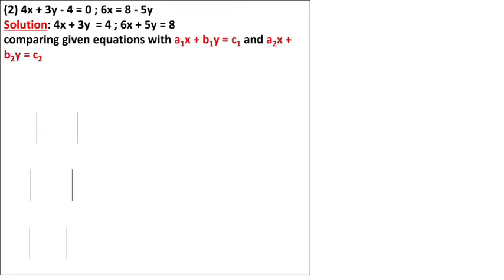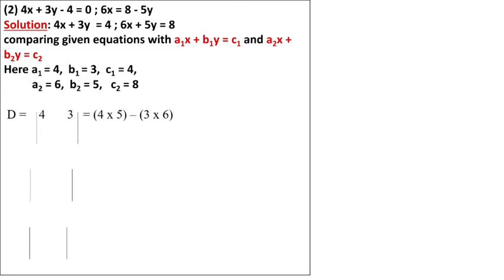Now comparing the given equations with a1x plus b1y equals c1 and a2x plus b2y equals c2. Here a1 is 4, b1 is 3 and c1 is 4. All this a1, b1, c1 is taken from the first equation, and from the second equation we get a2 is 6, b2 is 5 and c2 is 8.